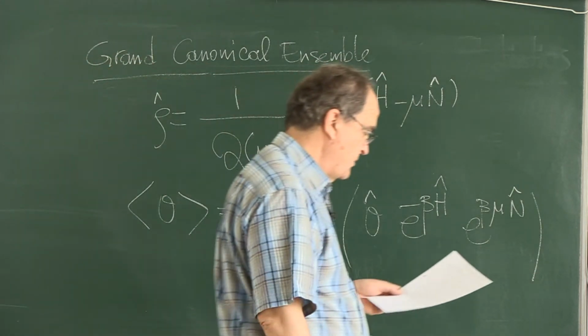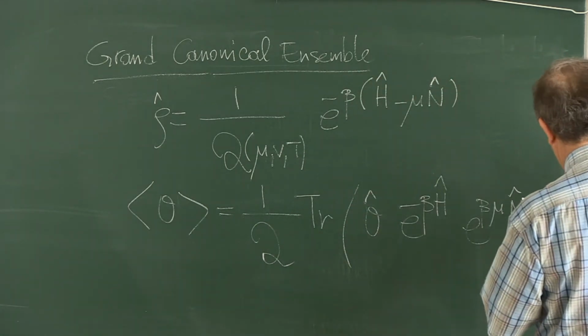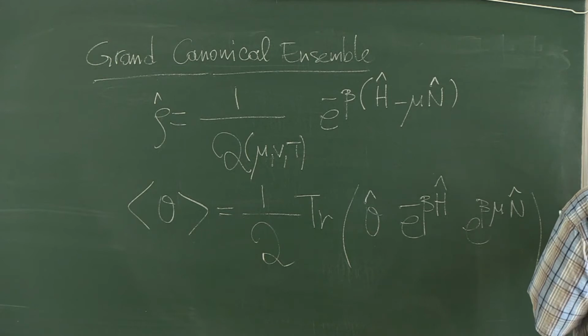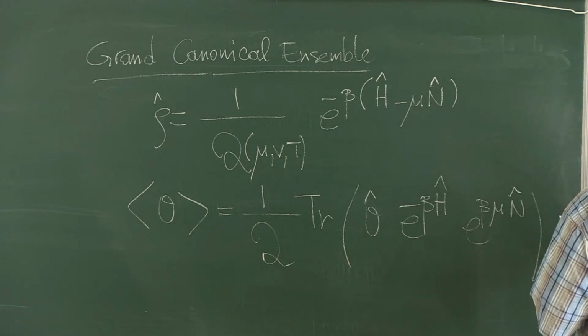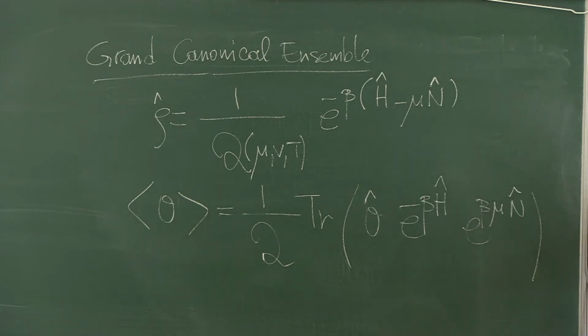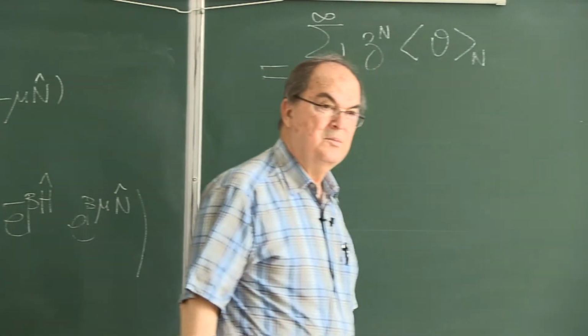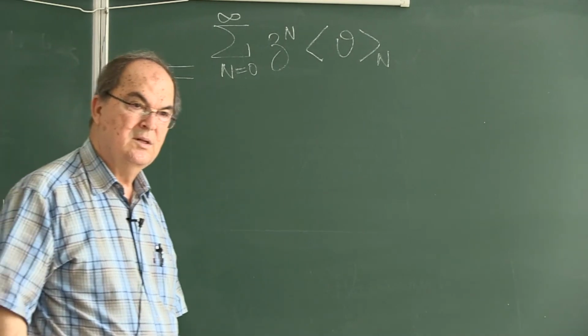Well, this in explicit form is the sum over N from 0 to infinity, z to the N, the average value of the operator with constant number of particles, that is the canonical ensemble average, isn't it?